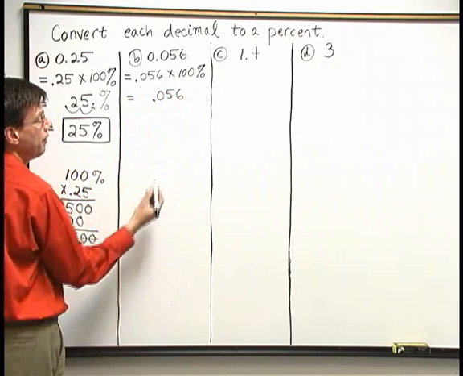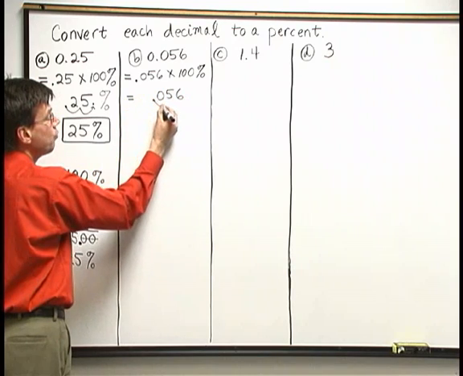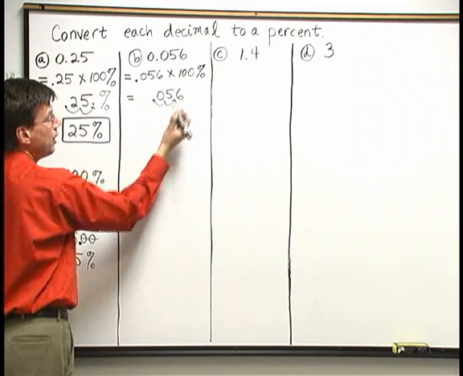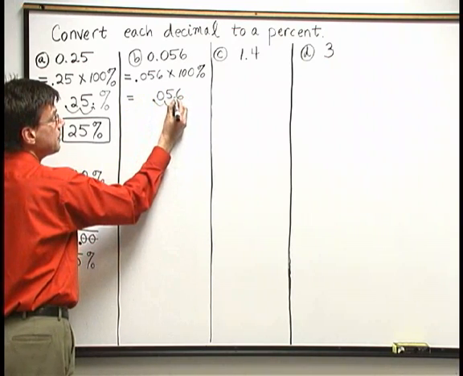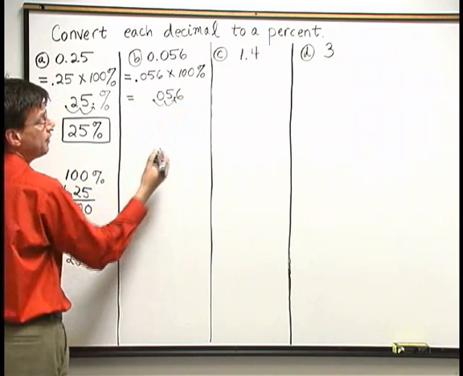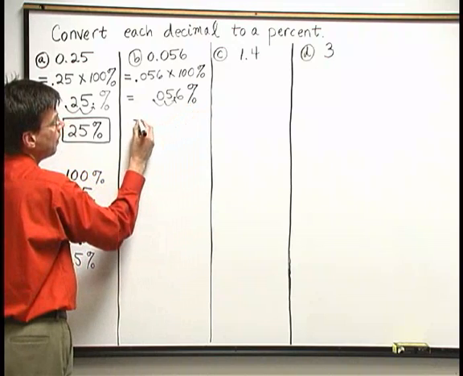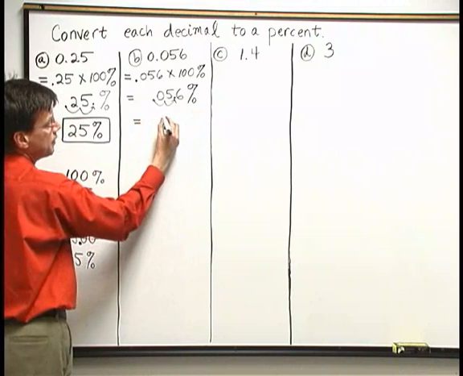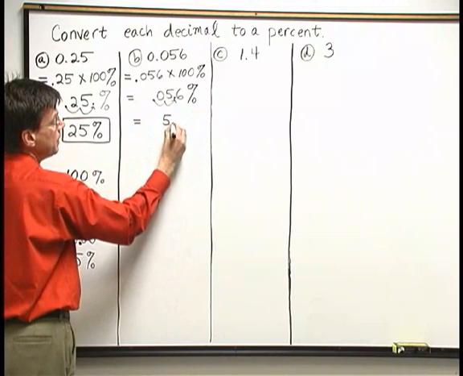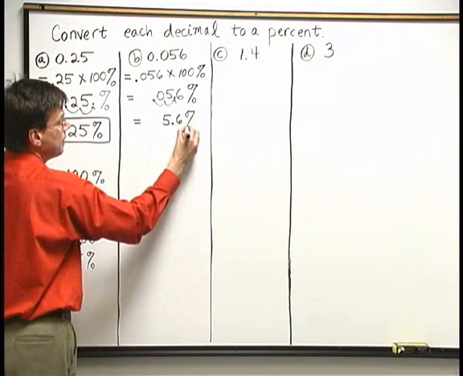If we use our shortcut method, 0.056 I start out with, and I move that decimal point 1, 2 places to the right, it ends up right between the 5 and the 6. And I write my percent sign. What I have now is 5.6%.